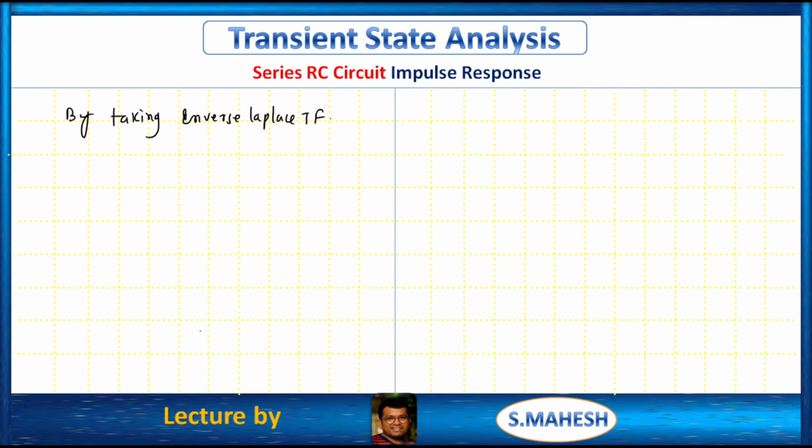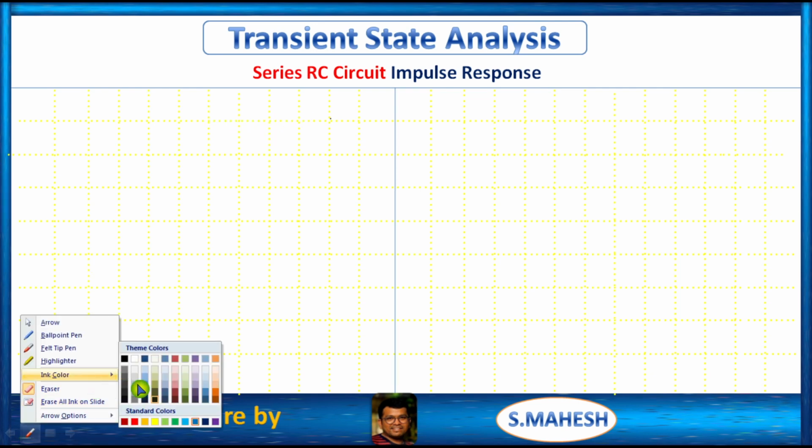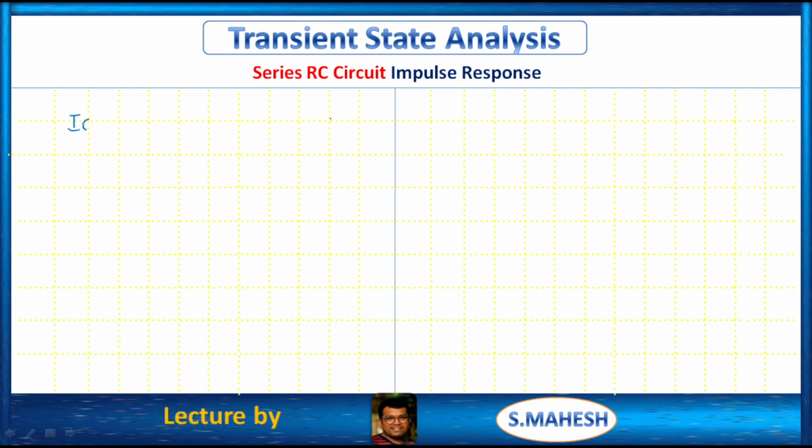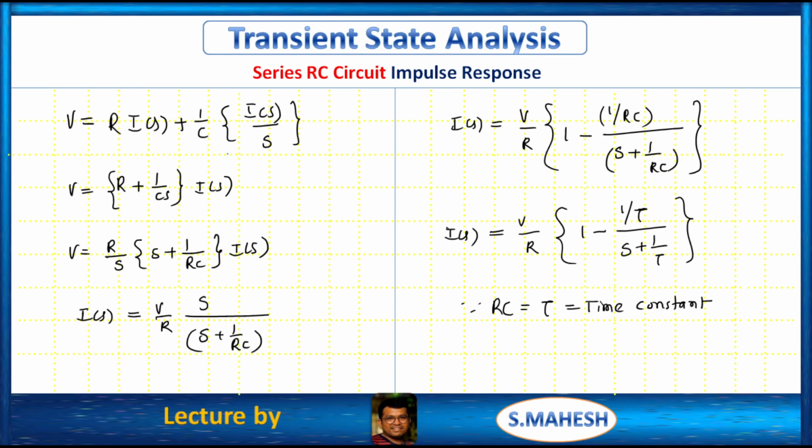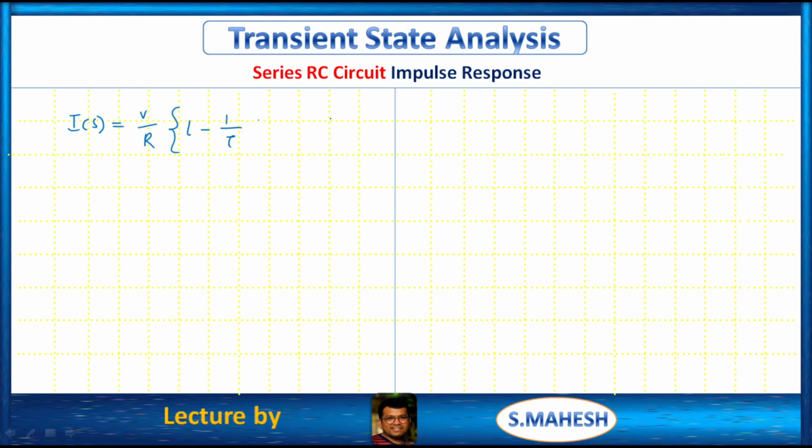I of S equals V by R times 1 by S plus 1 by RC, or you can write 1 by tau. That's it.